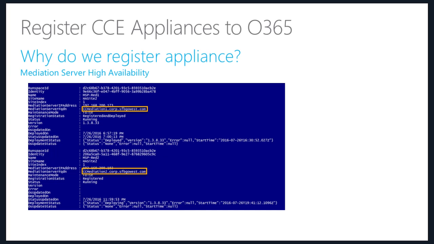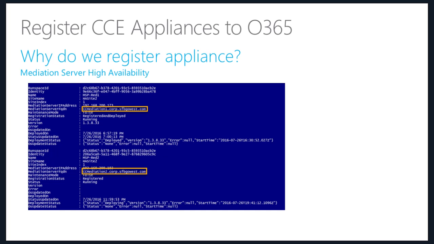When we register the appliance into Office 365, the topology information is also made available in Office 365 for the other appliances to consume. As such, when I go to deploy my Cloud Connector Edition appliances, say, for example, I'm going to deploy 2 Cloud Connector Edition appliances in this particular site.